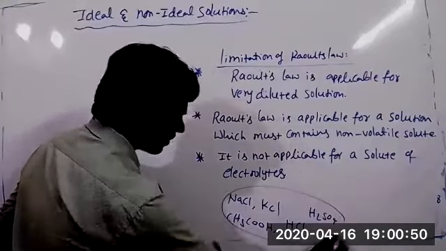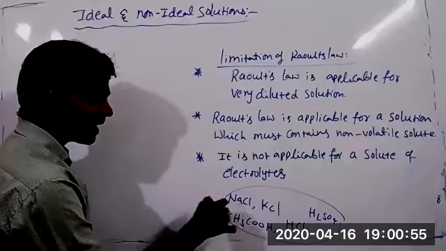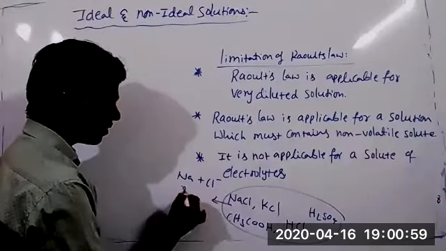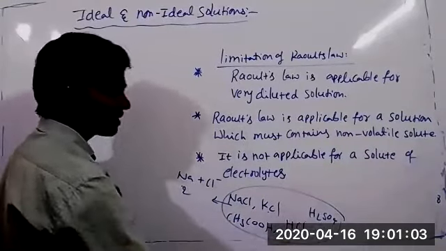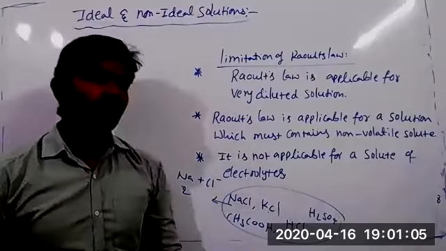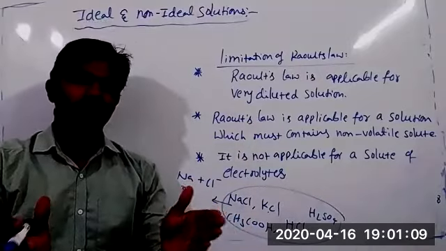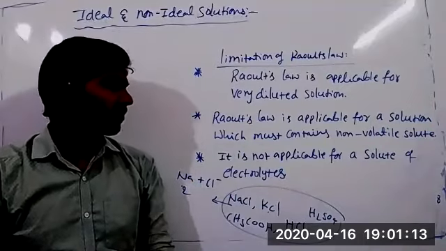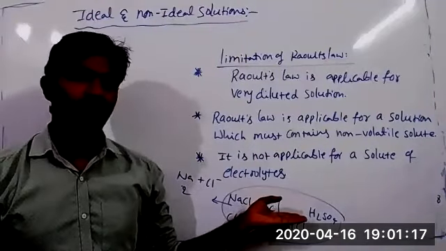For this type of electrolytes, this is not applicable because they undergo ionization and give ions, Na plus and Cl minus, which is providing 2 ions. KCl also provides 2 ions. This also provides 2 ions. This provides 3 ions. So for substances which are undergoing ionization, dissociation, and molecules which are undergoing association, for such types of solutes, Raoult's law is not applicable.